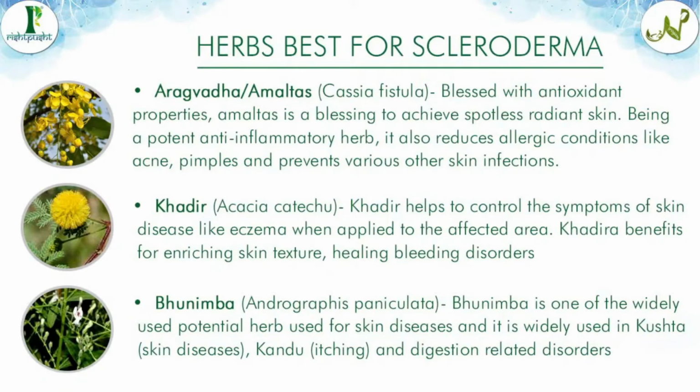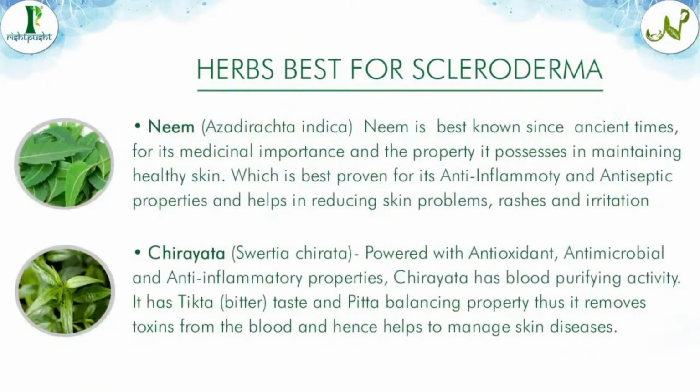Coming to the next group of herbs for scleroderma, the common ones. Neem, which you all must have heard of, is a very common herb. Azadirachta indica is one of the best blood purifiers, and neem gives a very good recovery in patients suffering from scleroderma. And Chiraita, which is also known as Swertia chirayita, is again a good herb for patients suffering from scleroderma.